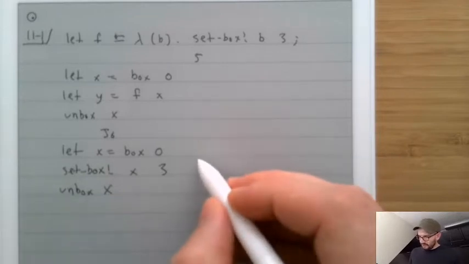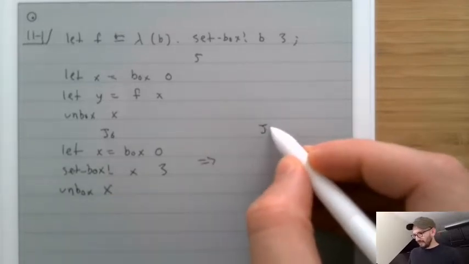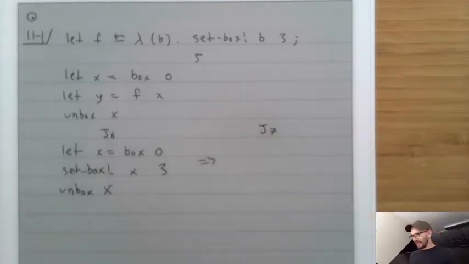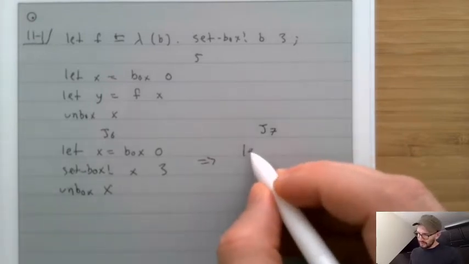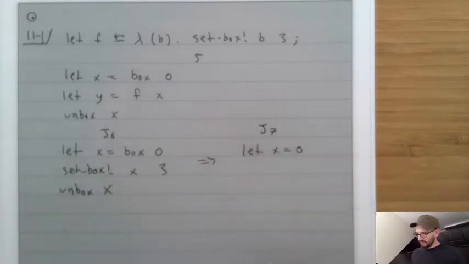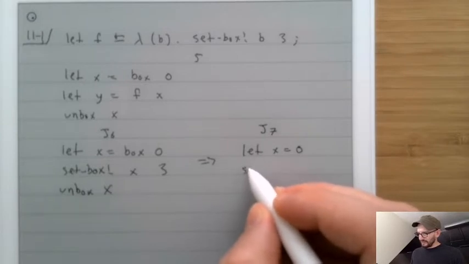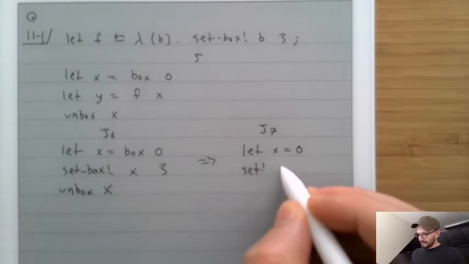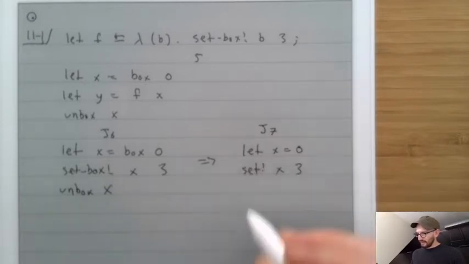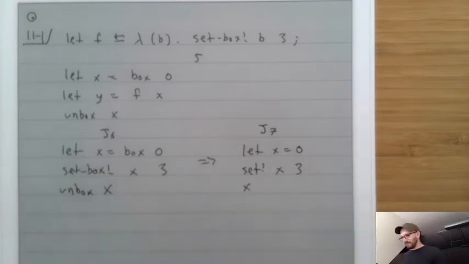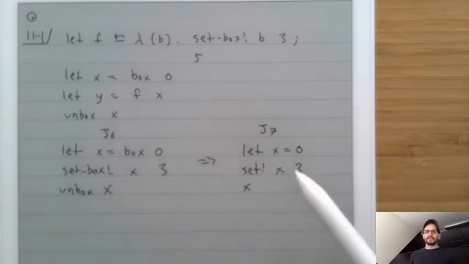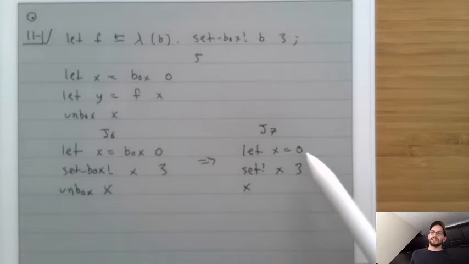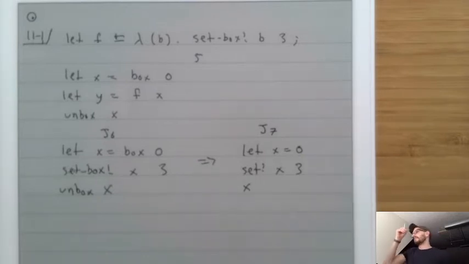What I want to do is introduce J7, and J7 is going to allow us to write let x equal 0, and then we can just write set of x 3, and then just x, and it will also return 3. Notice that we don't have to explicitly box anything. We never have to say, now is the time that I do the boxing. All right, so that's what our goal is.